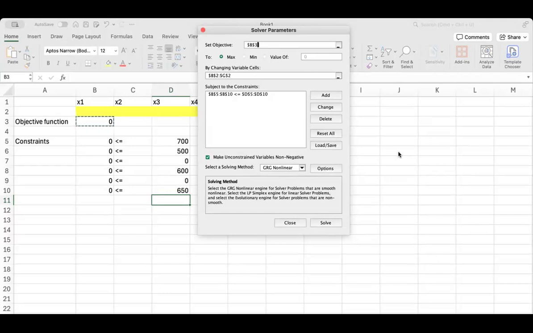So it's important to mark here, make unconstrained variables non-negative, by selecting this option. We limit the decision variables to be zero or positive.